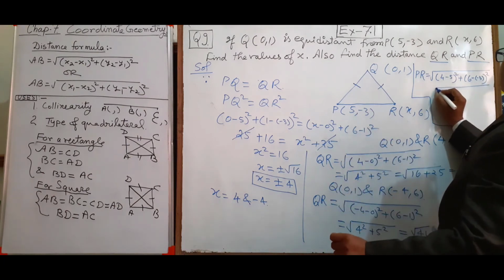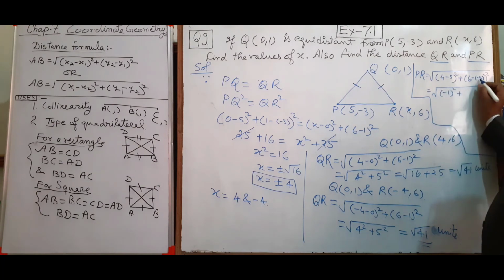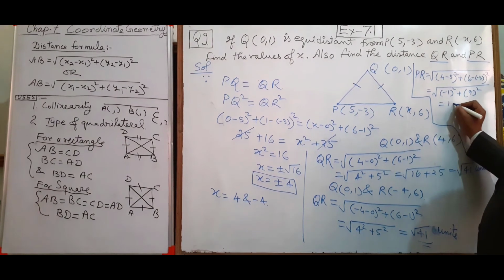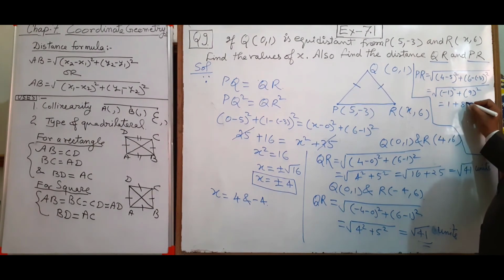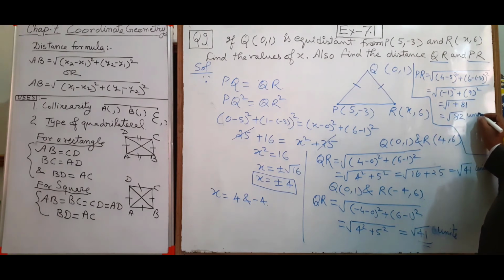So simplifying it we can get minus 1 square plus 9 square, so 1 plus 81, and the answer is coming under root 82 units.